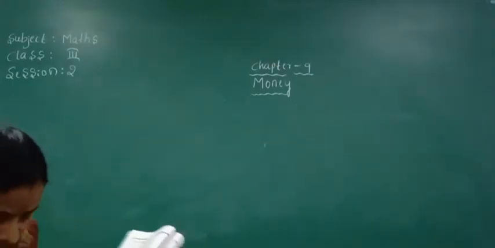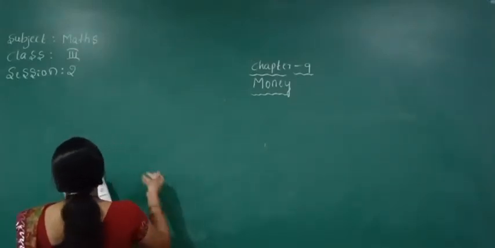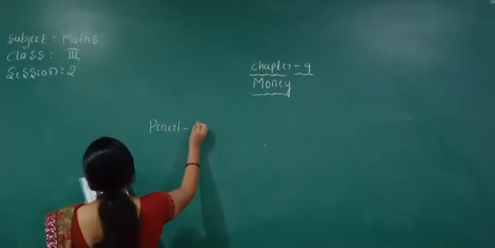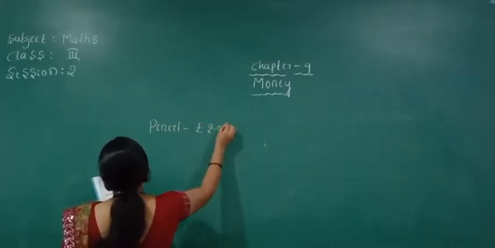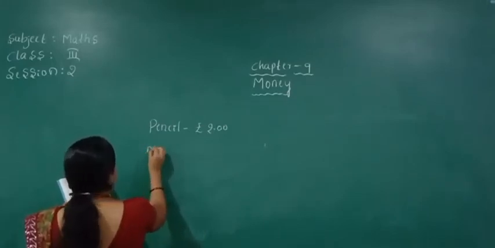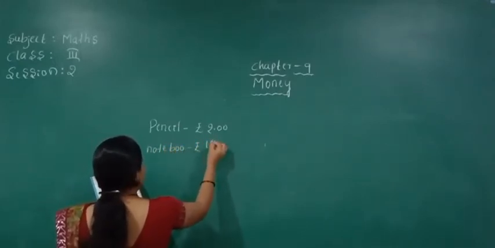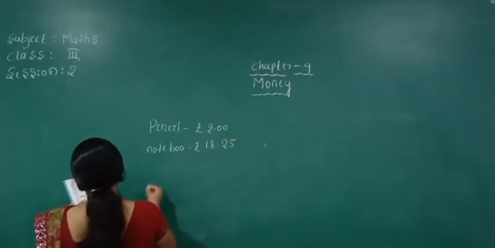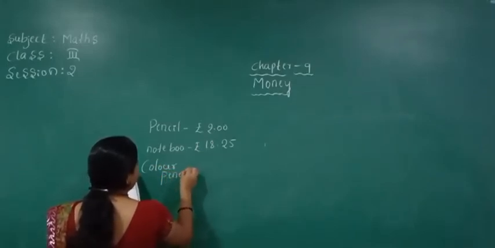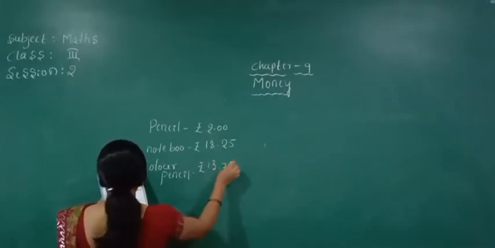First, the pencil price is rupees 2. The next one, notebook: the notebook price is rupees 18.25 paise. Next, color pencil: rupees 13.75 paise.